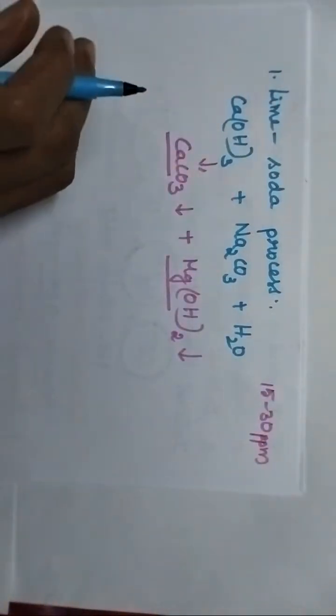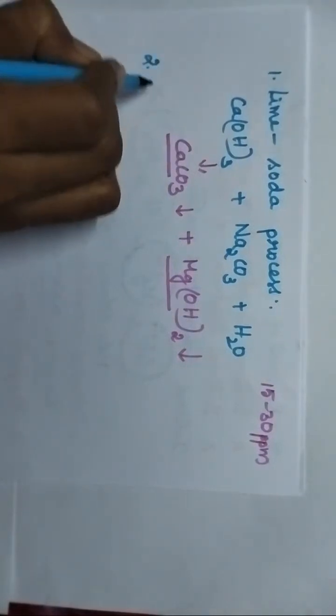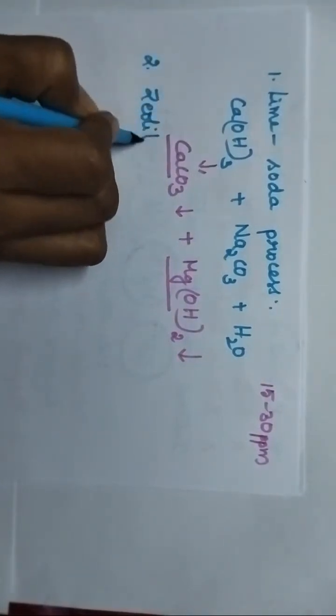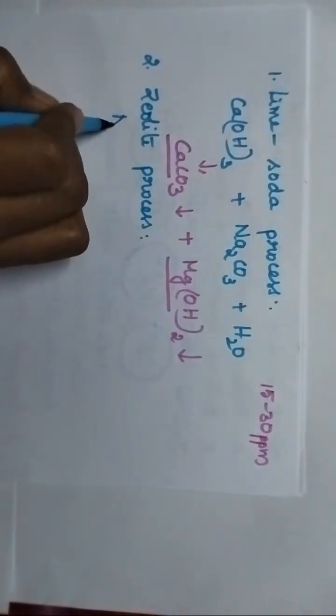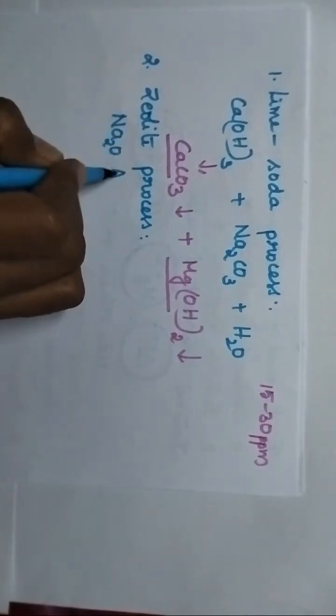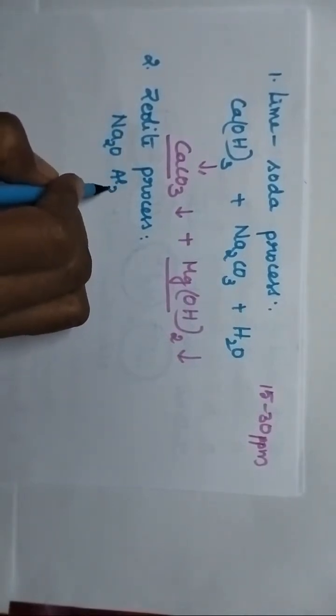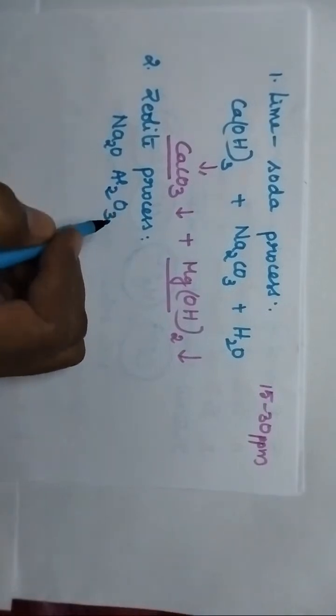Moving to the second method, that is called the zeolite process. Sodium zeolite is hydrated sodium aluminosilicate. So what is zeolite?